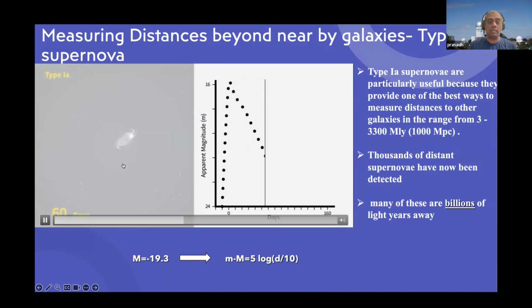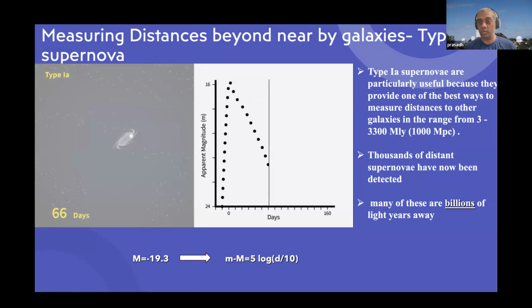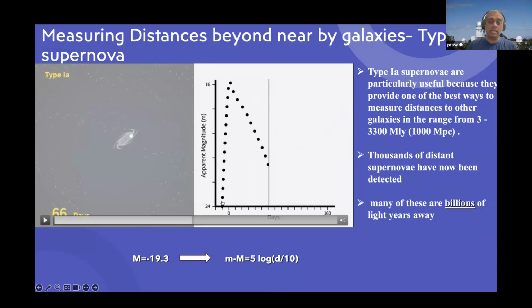over time. You can see at this particular location, there is a supernova explosion. And what I am recording here is the magnitude of that supernova, right? The brightness converted into magnitude. And you can see that the brightness increases up to a maximum point, and then it decreases after some time, right?